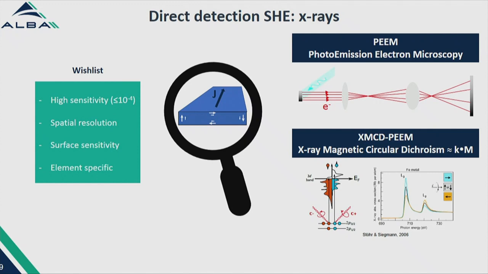Then, if the microscope is coupled to a synchrotron beamline, we can choose at will the energy with which we want to excite our sample. That means we can excite resonantly the absorption edge of a particular element, so we can address exactly the iron edge, cobalt, whichever.